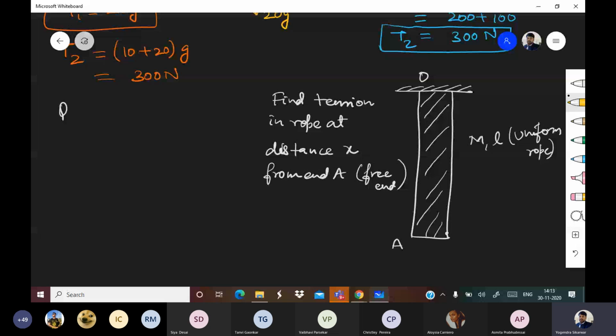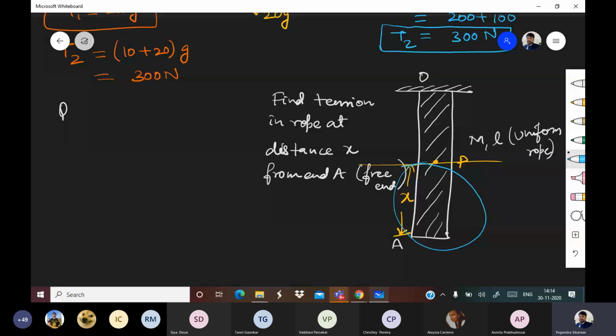So I went there and cut it like this. Which part will fall down? This part will fall down. So which part will cause tension at that point P? Only the part which I have encircled would have caused the tension.